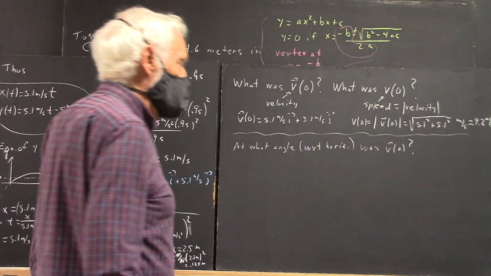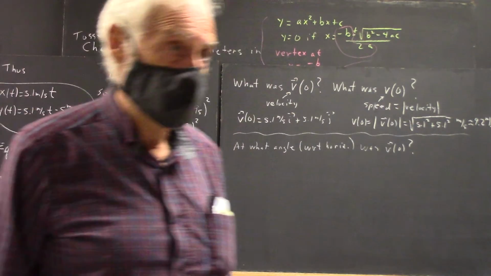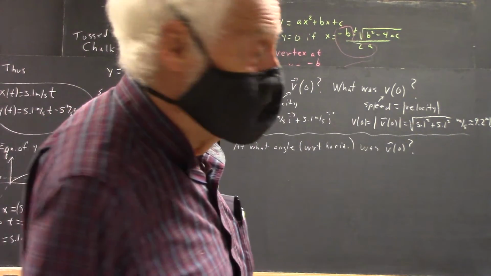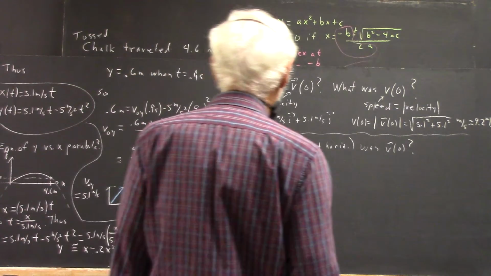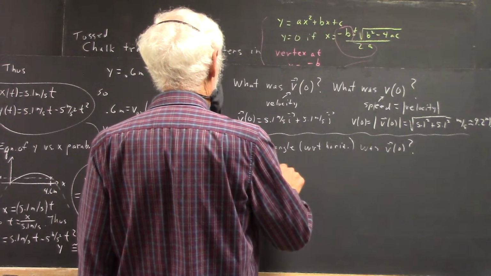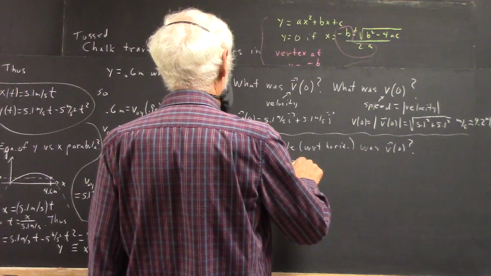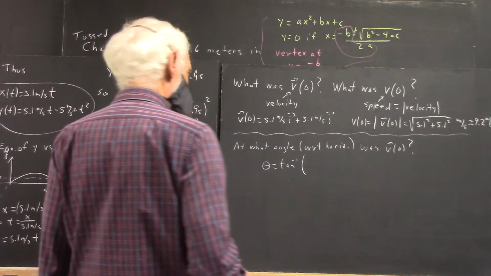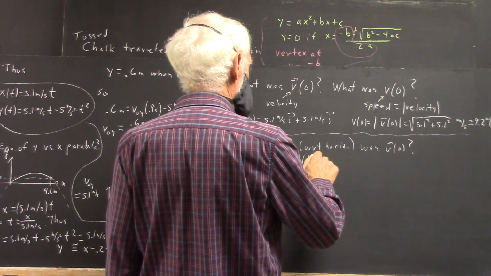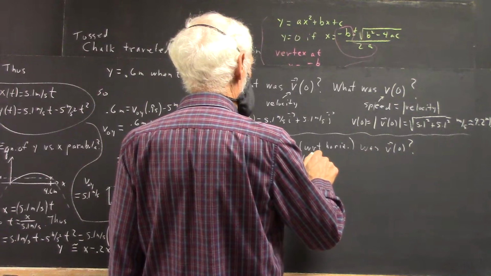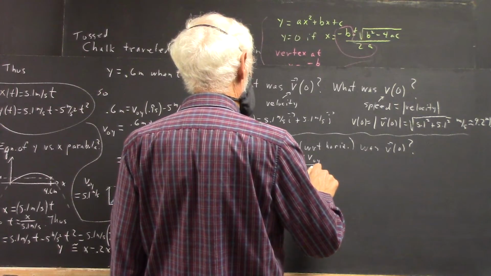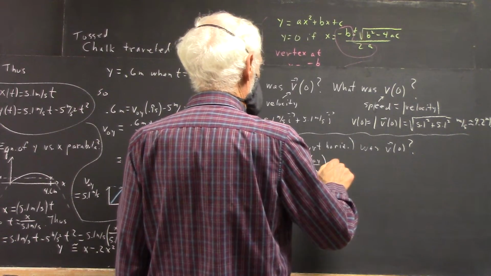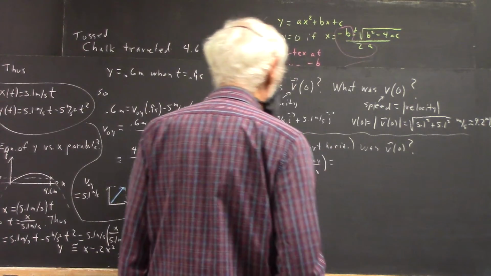Okay, also, what angle with respect to horizontal was V of 0? Well, theta is the arctangent of V0y over V0x.